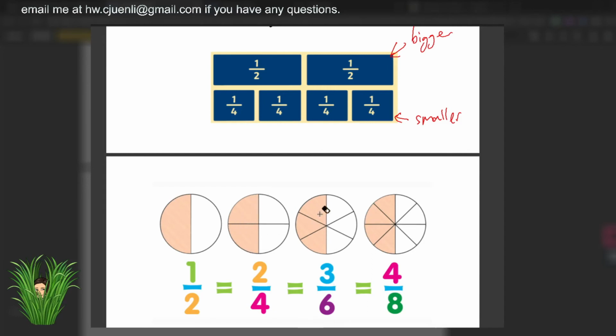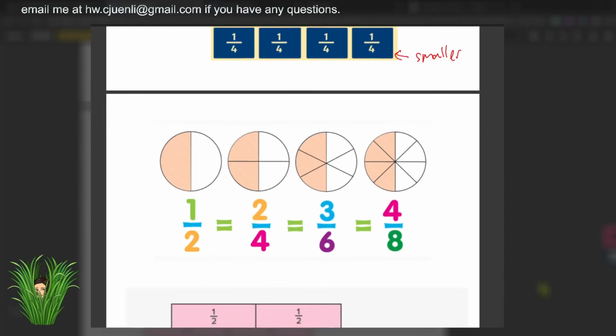For 3 over 6, you need to shade three places to get half. And for 4 over 8, you need to shade 4 slices to get half. If you find shapes really hard, imagine it as pizza or anything that you can remember quite easily. It doesn't have to be a pizza.